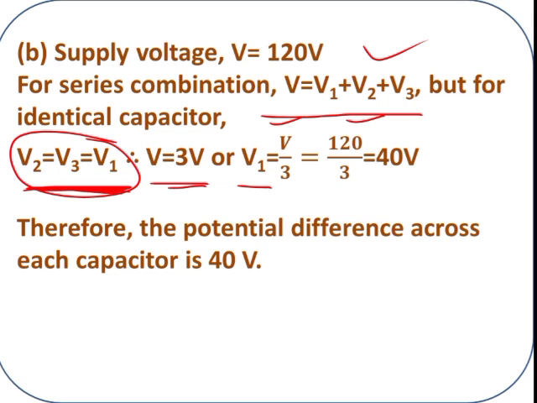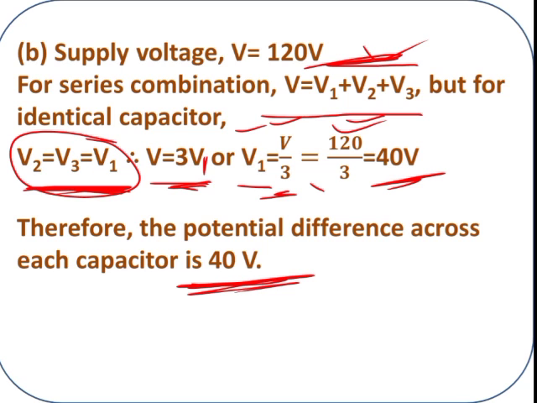And what is this 3? Addition of these 3, 1 plus 1 plus 1, 3. So V is equal to 3V1, or V1 is equal to V by 3. Substitute the value of V, simplify, how much will you get? 40 volt. So the final answer is 40 volt.